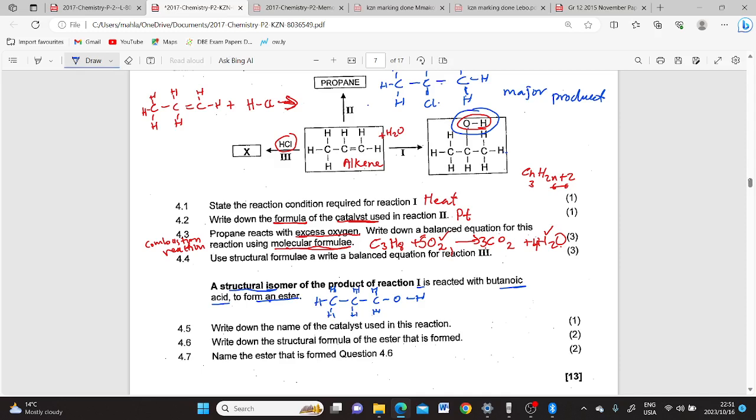The question says it's going to react with the butanoic acid. What is butanoic acid? 1, 2, 3, 4 carbons. Then this other one is going to have oxygen here, then oxygen bonded to hydrogen here. And then 1, 2, 3, 4. Then what is left here? We need to fill in the hydrogens.